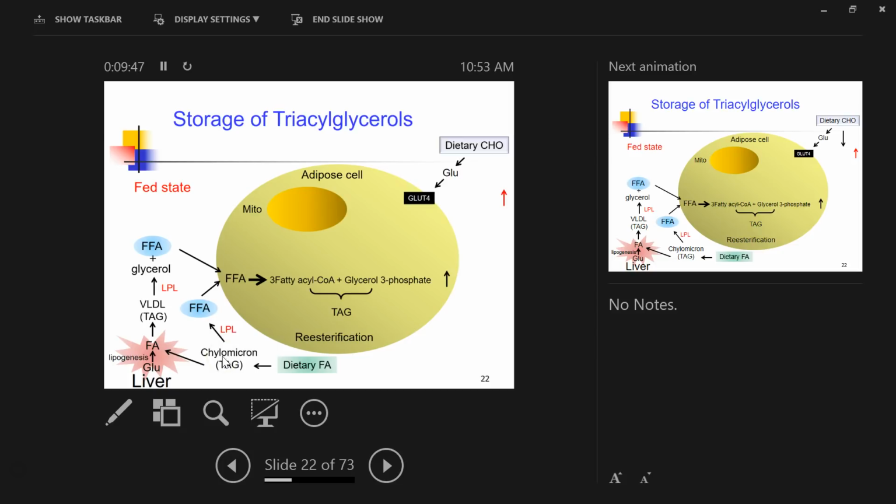So triglyceride synthesis under the fed condition, of course, the adipose tissue is the main tissue, and it's very active for the triglyceride synthesis pathway. But again, the intestine also has a lot of triglyceride synthesized from fatty acids initially absorbed from the diet, and the liver also does triglyceride synthesis.